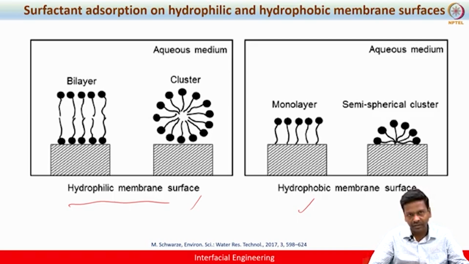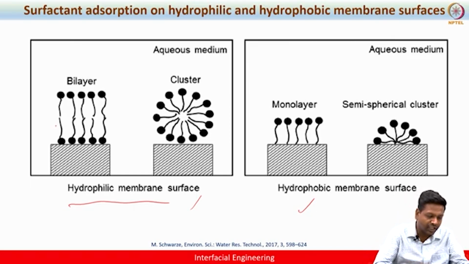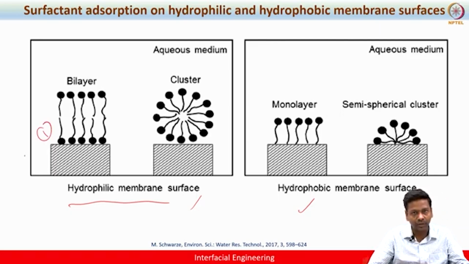Some surfactants that we often use have a head group and a tail group. The head group carries some charge, so there can be hydrogen bonding between the head group and the surface of the membrane itself. So you can expect a monolayer of surfactant to form on the membrane surface.